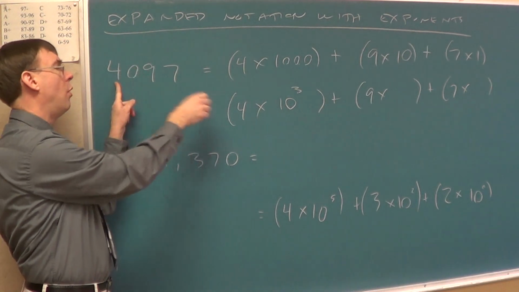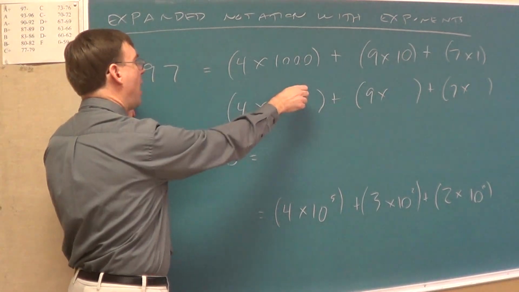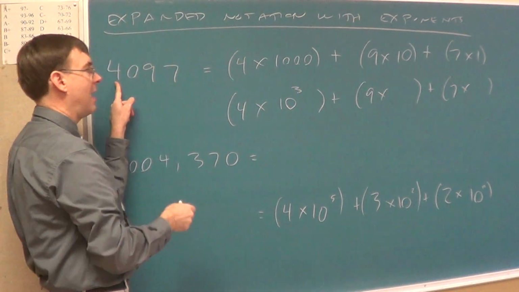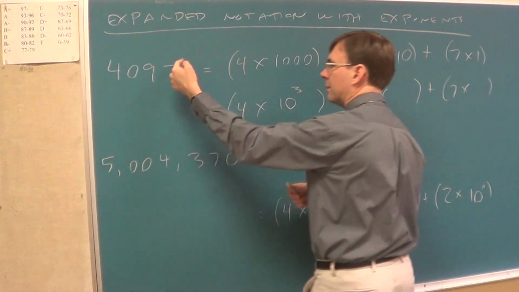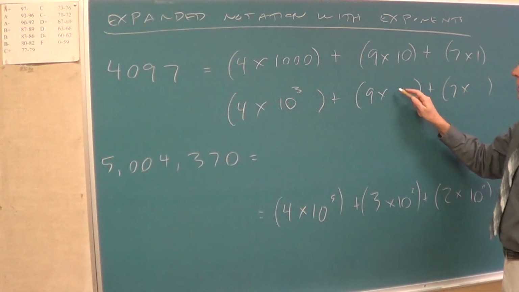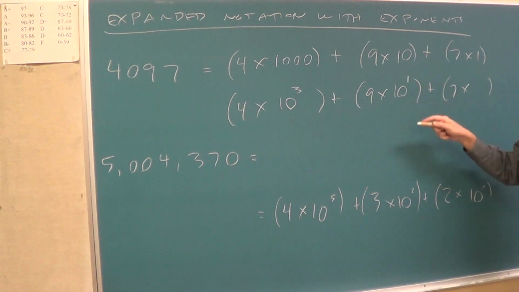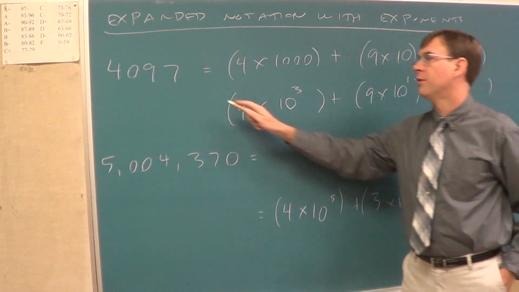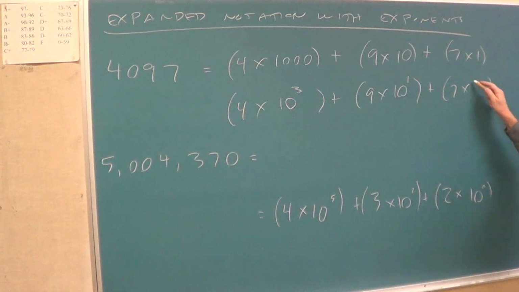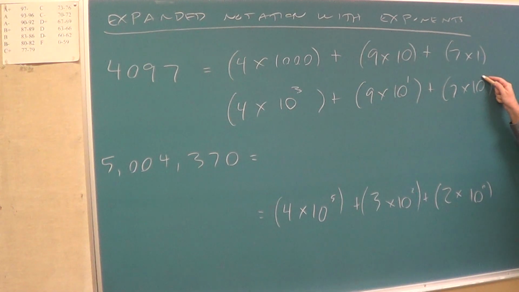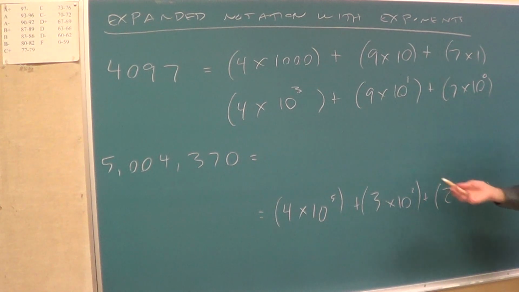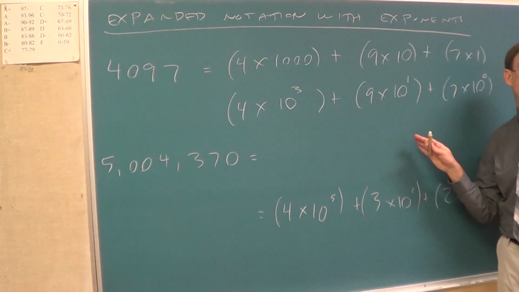So I'm going to go 4 times 10 to the third because there's 3 things after it. For the 9, there's 1 thing after it, so I could put 10 to the 1. For 7, I'm going to go times 10 to the 0 because there are 0 things after it. And that's what we're going to do today. Question about that?